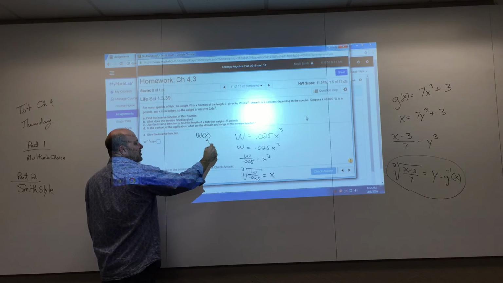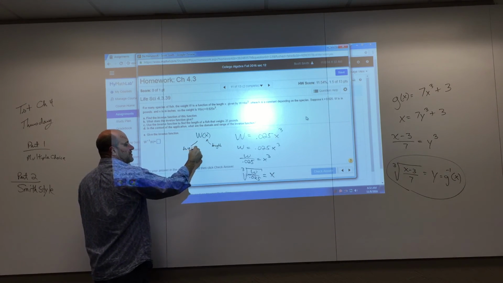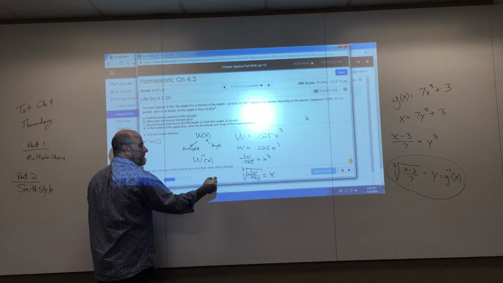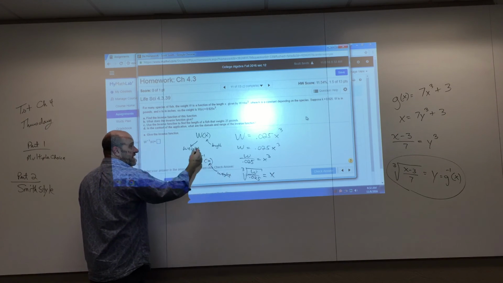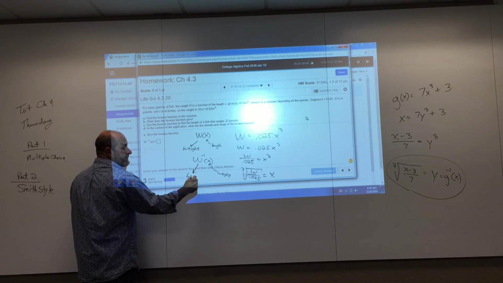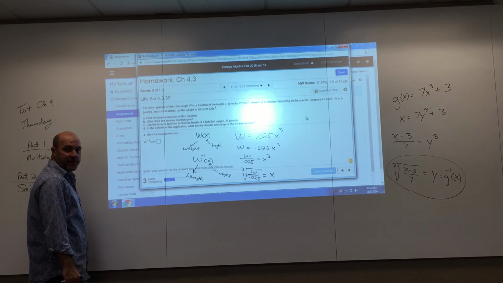For the regular function, you type in length and it spits out weight. Right, you guys? For the inverse function, you give it the weight, and I'm sorry, the letters have switched. You give it the weight and it spits you out the length. That's what happens.